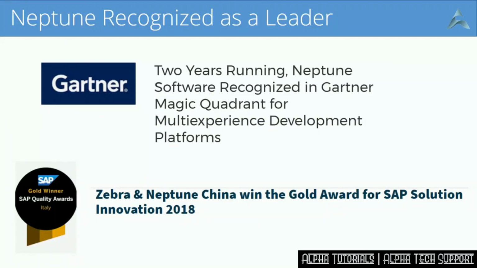They have now been recognized by Gartner in their Magic Quadrant 2 years running. They've also been recognized by SAP, even though they are what I would call a substitute for SAP Fiori. They are a certified SAP partner, and they've won several SAP awards, including the SAP Solution Innovation Award, Gold Award in 2018.